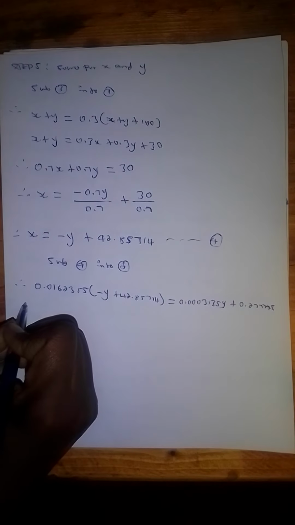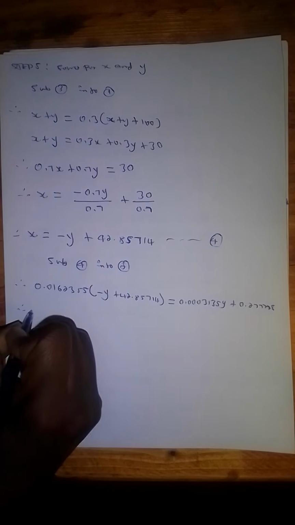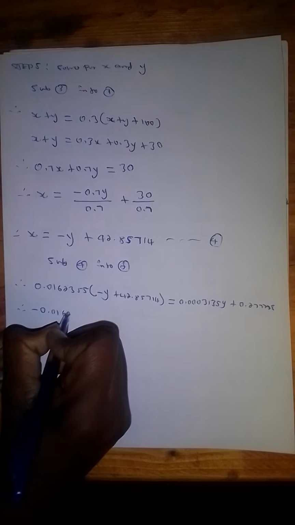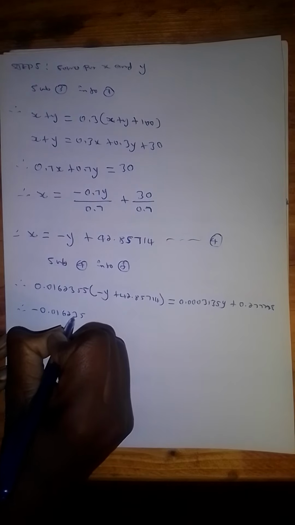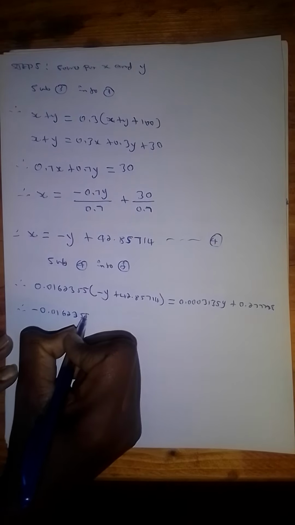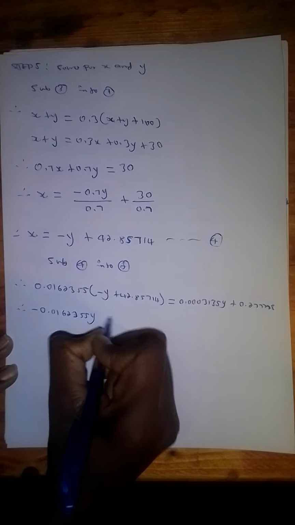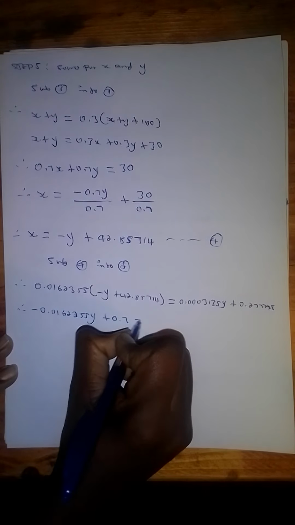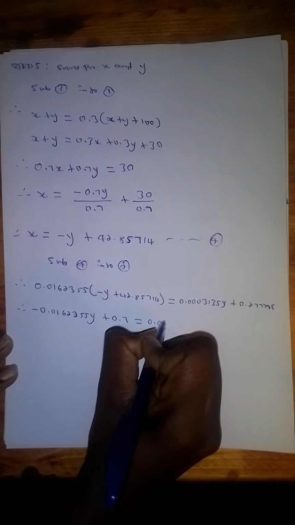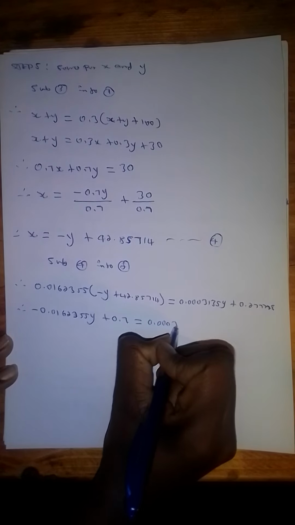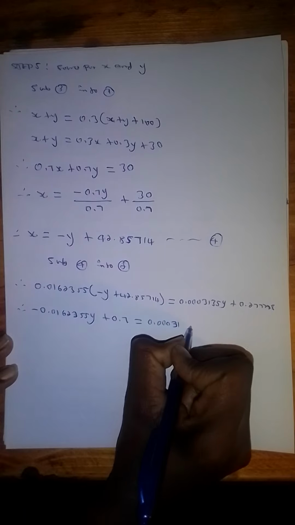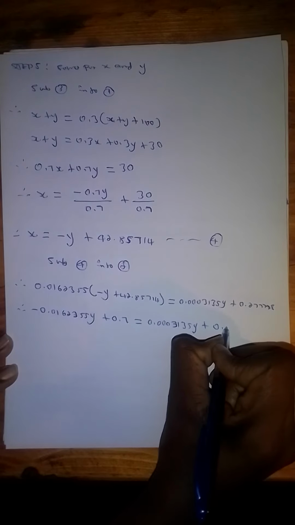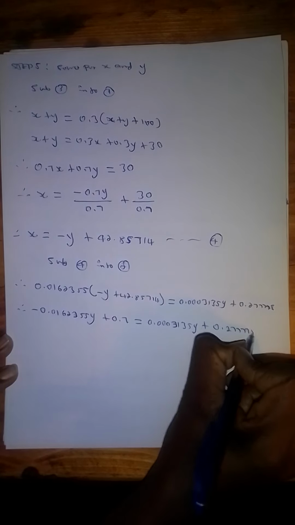Therefore, minus 0.0162355y plus 0.7 is equal to 0.0003135y plus 0.277778.